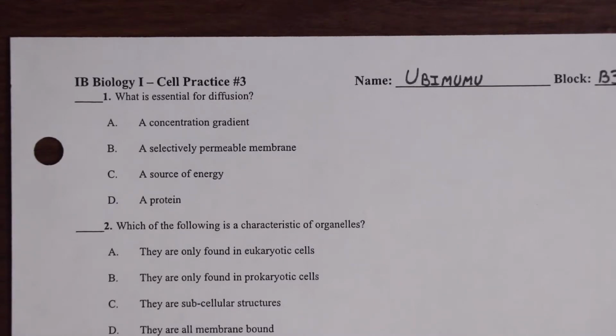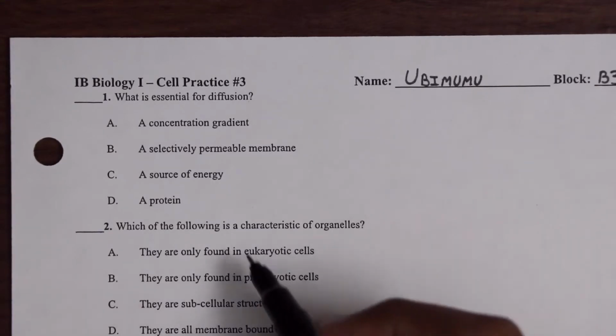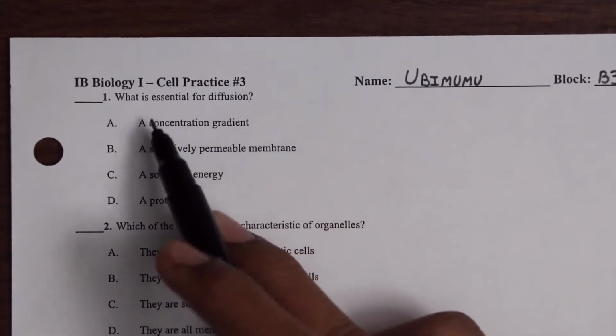Some people might know off the bat what the right answer is. That's good, you studied. But a lot of us, including me, I'm not perfect, don't know the answer right off the bat.